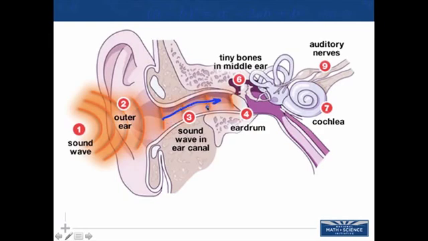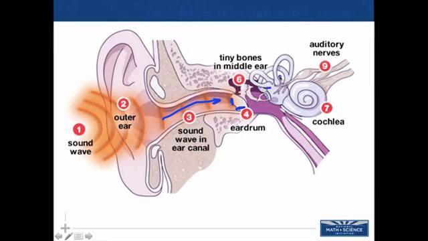And as those sound waves move in the ear canal, they're going to bump against the tympanum, or the eardrum, shown here at number 4. As that eardrum starts to vibrate, the vibrations are going to move the tiny bones inside the ear, and those bones are going to carry the vibrations deeper into the inner ear and into the fluid-filled tubes called the cochlea.